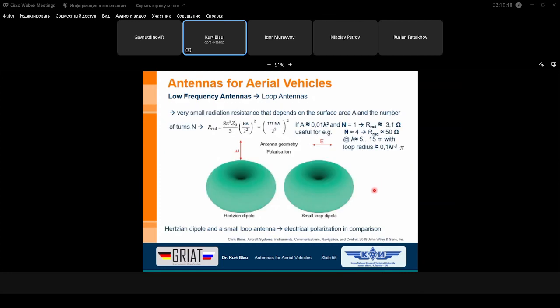And so in principle, for a small loop antenna and the Hertzian dipole, we have similar radiation diagrams. I say similar because it depends on the achievable gain, but from the shapes point of view, it's identical. Only the polarization differs regarding the E field or the H field.